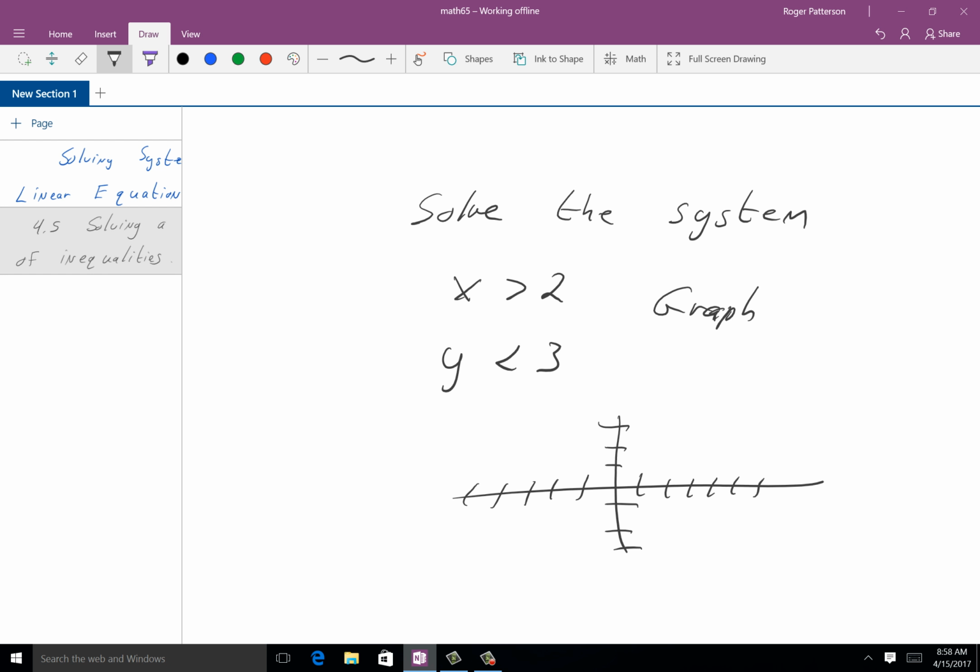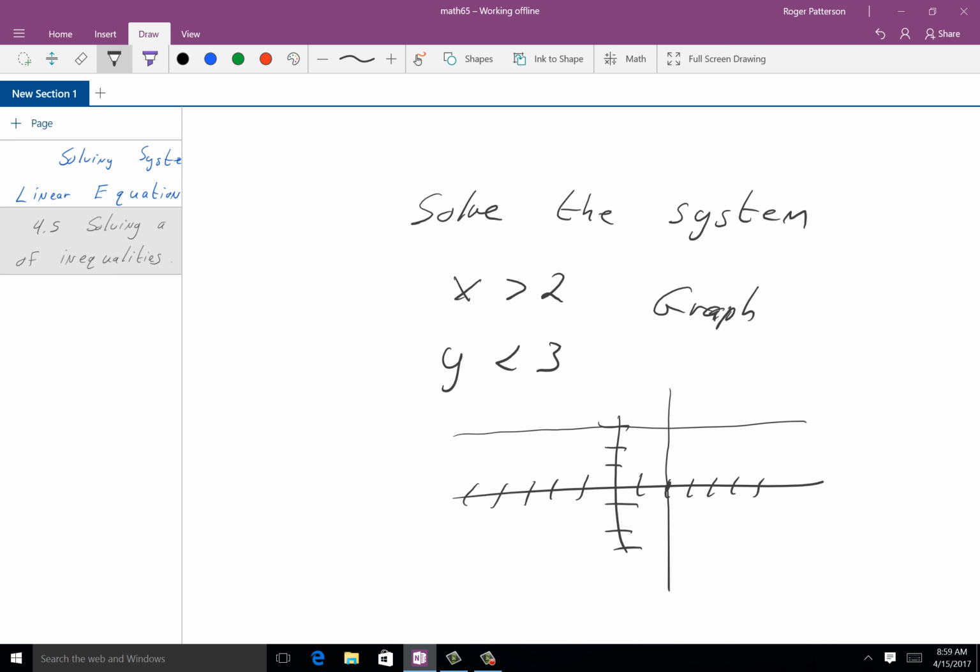I'm going to have x is greater than 2, so I'm going to start at 2. There's 2 on the x-axis. Don't draw anything yet, just watch what I'm going to do, and then we'll go back and draw it. I'm going to put a little line here at x is greater than 2. Y is less than 3, I'm going to put a little line there, but again, don't draw anything.